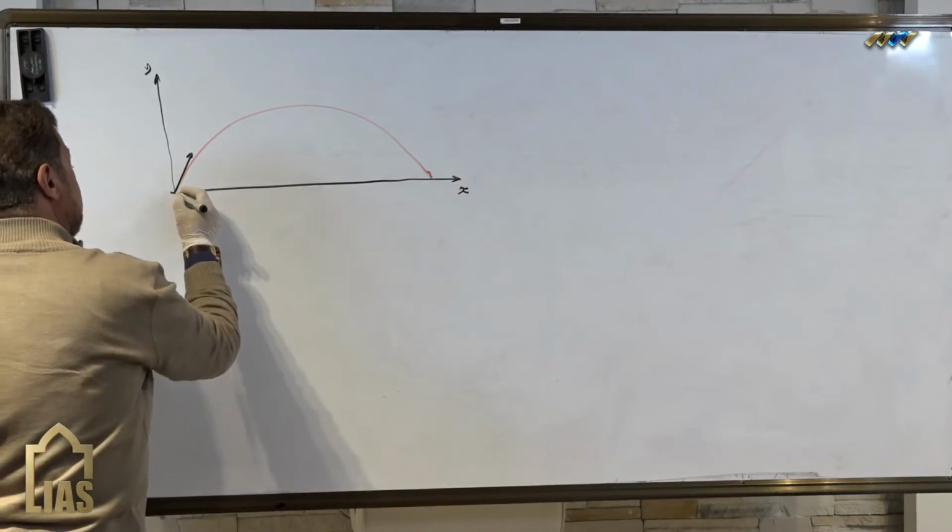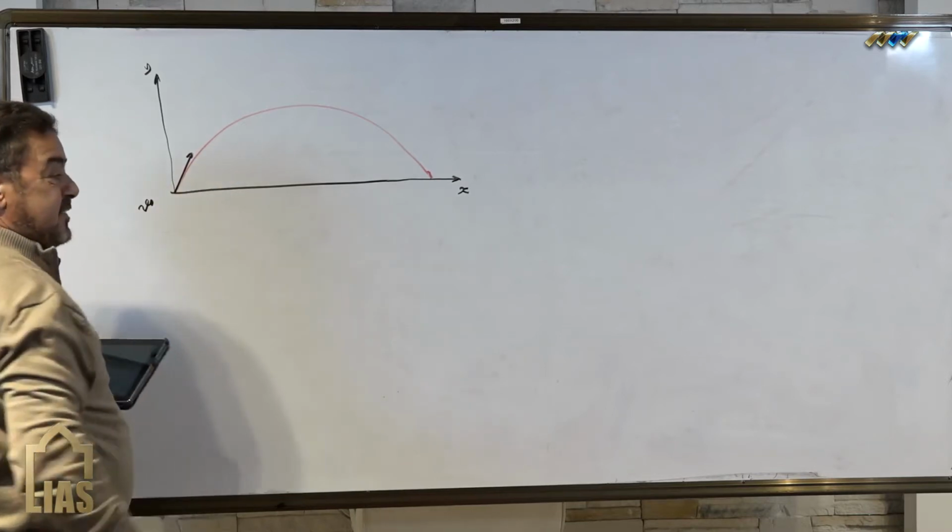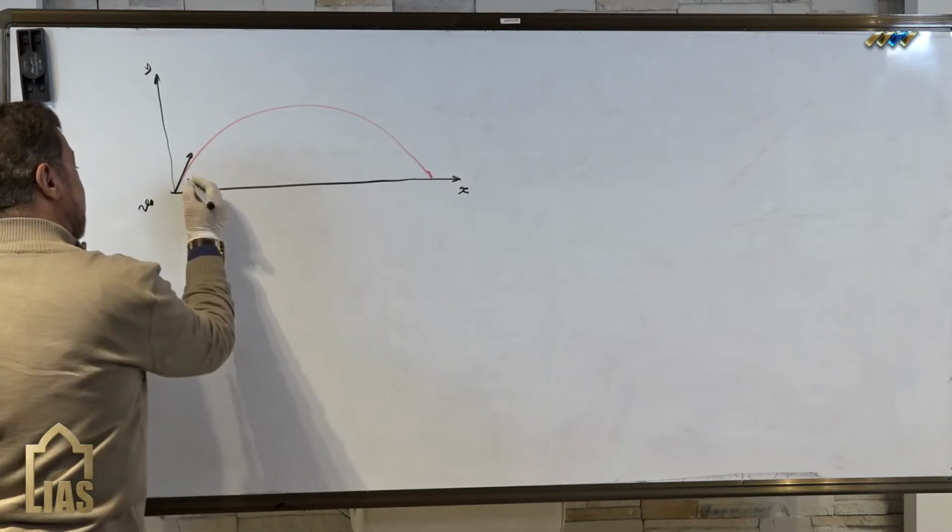It goes with the V0. This is the V0 at the direction of theta.